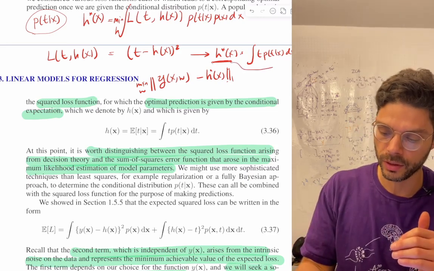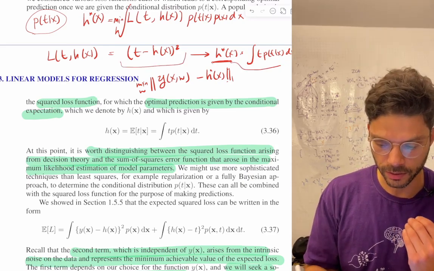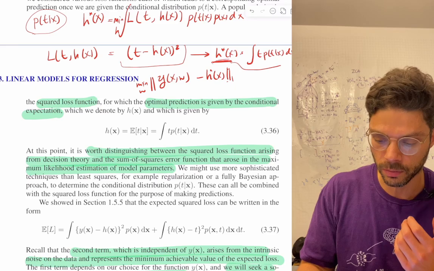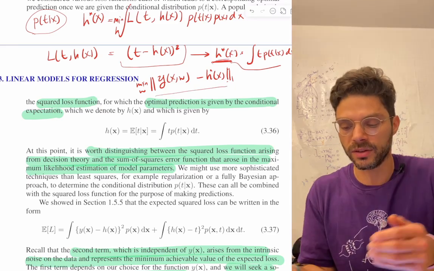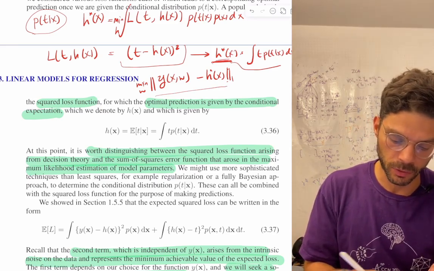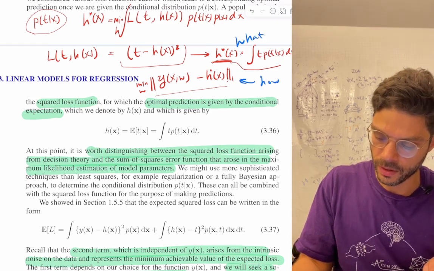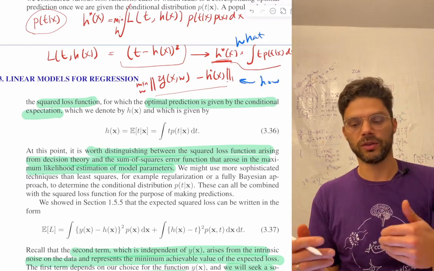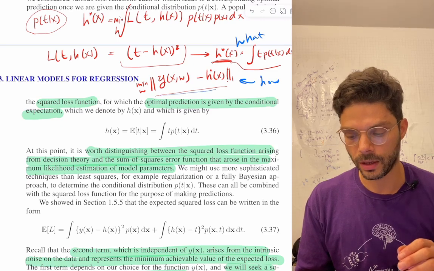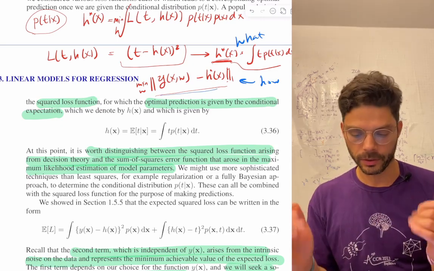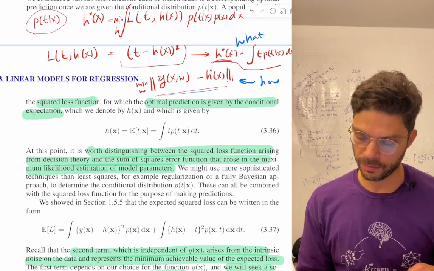You can use the squared loss from decision theory to tell you what you need to report, and then use a different loss to show you how you can report that. So maybe we should call this the what, and this the how. For what's coming now, we're going to use least squares for both, but you can do other things. So I think that's what he's on about in this bit.